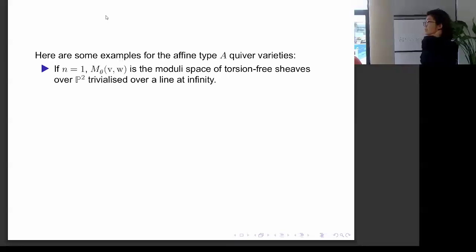Here are some examples of affine type quiver varieties, if you're not familiar with this terminology. If I take n equals 1, this quiver variety becomes the moduli space of torsion-free sheaves over P2, which is trivialized over a line at infinity.